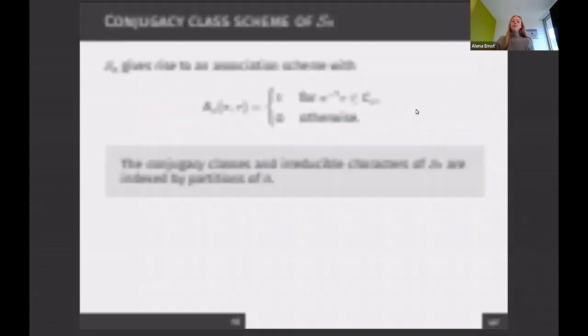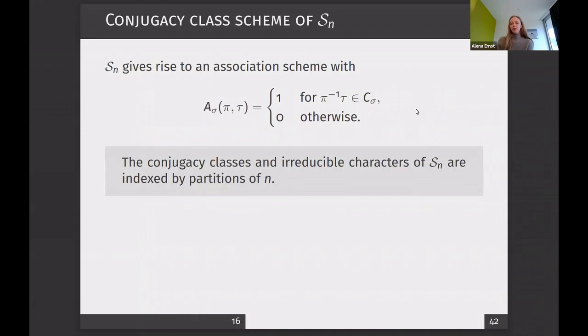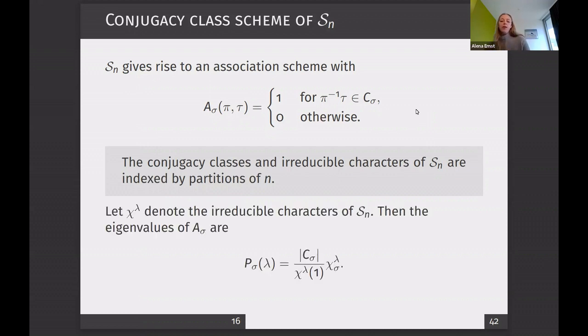And that is due to the fact that the conjugacy classes and the irreducible characters of the symmetric group are indexed by a partition of n. So their eigenvalues are looking like this, where now you see that I omitted the complex conjugation because in the symmetric group, all irreducible characters are real valued. And it's evaluated on sigma, so lambda and sigma are now partitions of n.